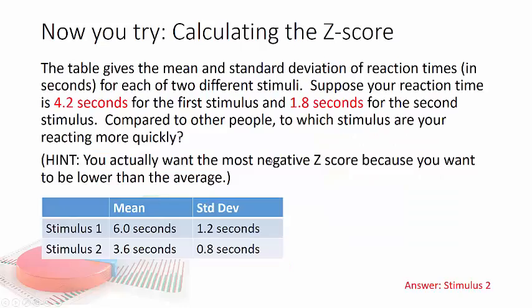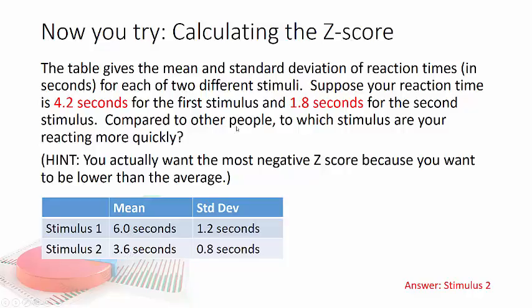So now you're going to take a try at calculating the z-score. Here we have a table that gives the mean and standard deviation of reaction times in seconds for two different stimuli. Here's stimulus 1 and stimulus 2. Your reaction time is 4.2 seconds for this first stimulus. So you can see you are below average. You're fast. Below average is good here. And then stimulus 2, wow, you look like you're twice as fast, 1.8 seconds instead of 3.6.